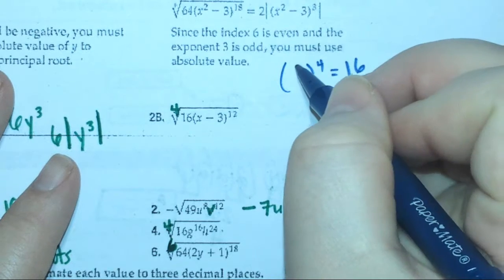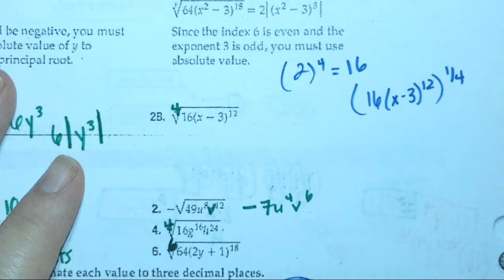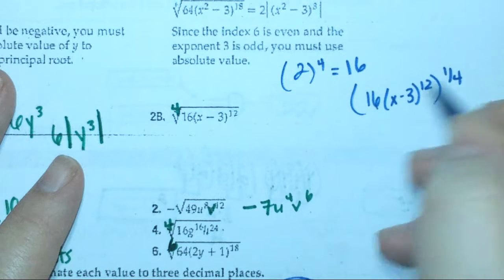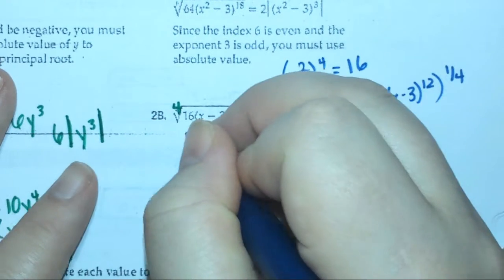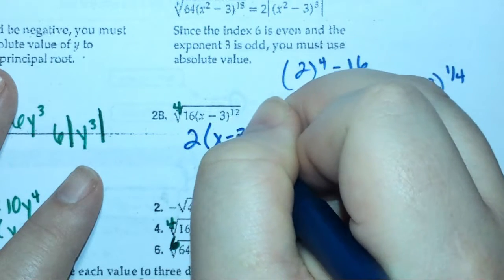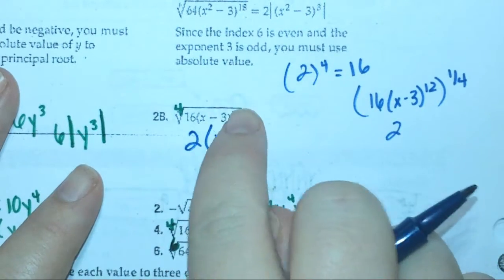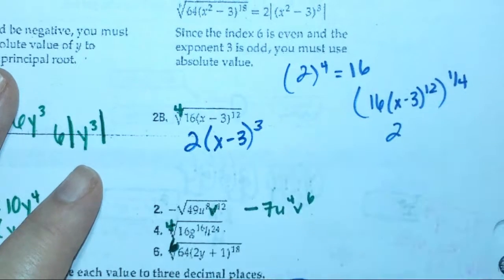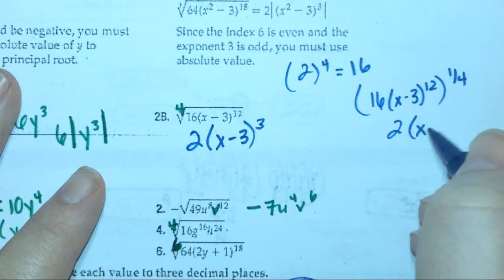But I know 2 to the 4th is 16 because sadly, eventually you learn 2 to the 4th is 16 and 2 to the 5th is 32 and it never leaves. So I know 16 to the 1/4 would also give me 2 if I type that in my calculator. So I know a 2's coming out. Now I've got this x minus 3 and it used to be raised to the 12th power. Well, I know 12 divided by 4 is 3, but I could also do 12 times 1/4 and I would still get 3.